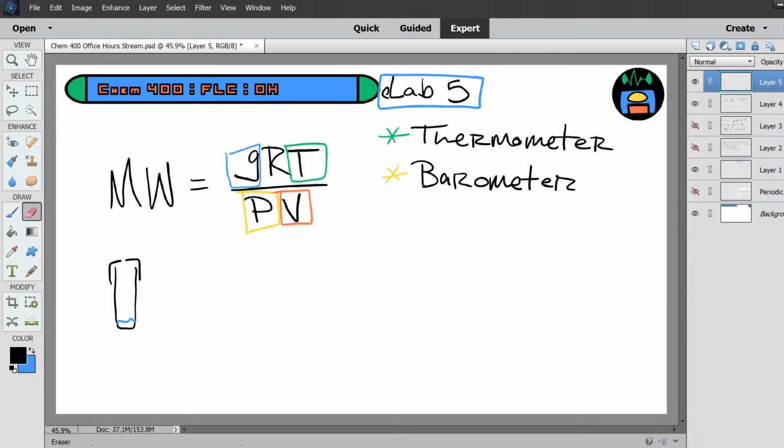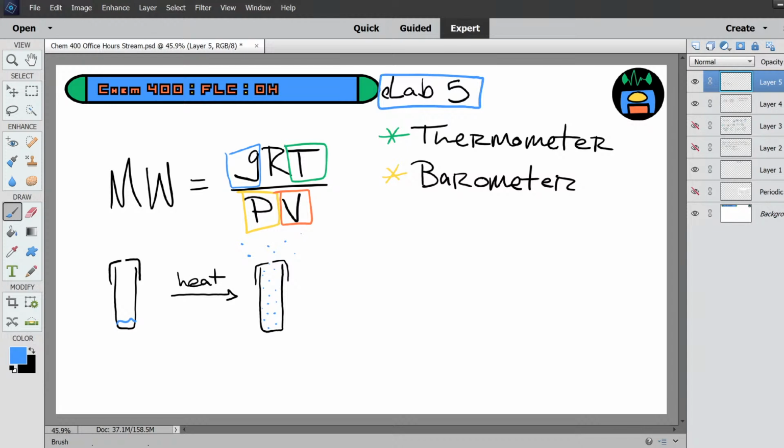And what you do in this experiment is you heat it so that the liquid inside your container goes from the liquid phase to the gas phase. So you heat this until you don't see any more liquid at the bottom, and any excess gas escapes, which is good. That's why that hole is there, because we want to know how much gas it takes to fill this volume.